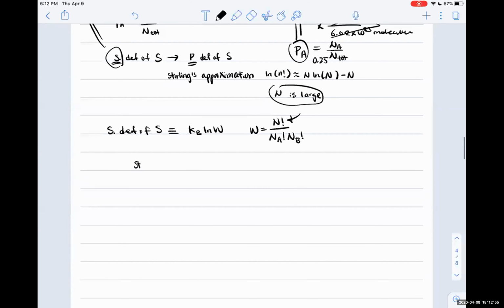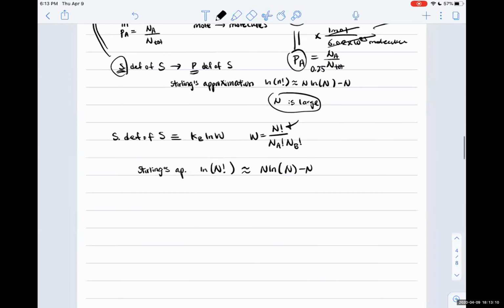Stirling's approximation states that ln N factorial approximately equals N ln N minus N. So this expression approximates the natural log of the N factorial under the condition that N is large.